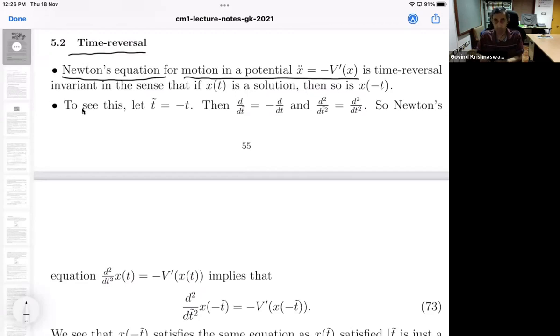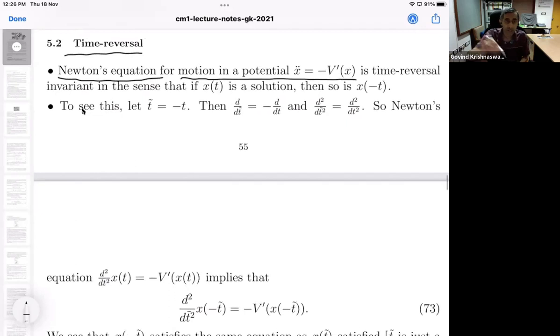What does this mean? It can be stated mathematically, but we can also think about it physically or in terms of pictures and movies. And we will do both. Let me first make a precise statement.